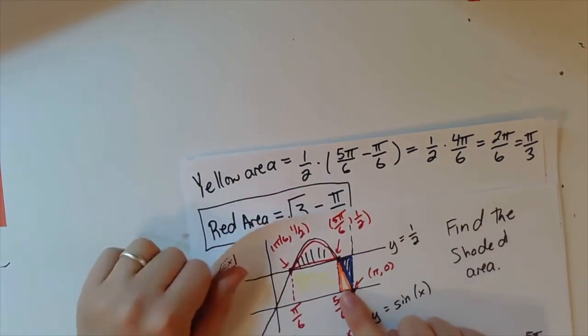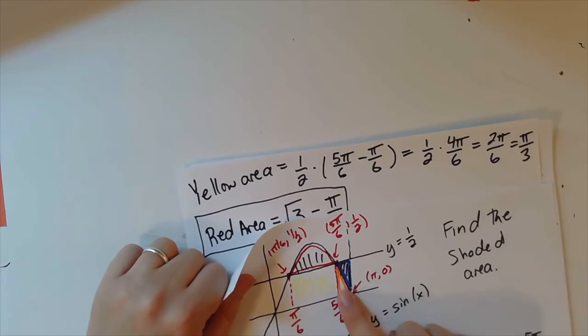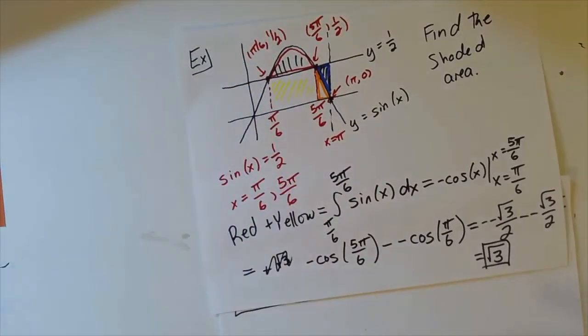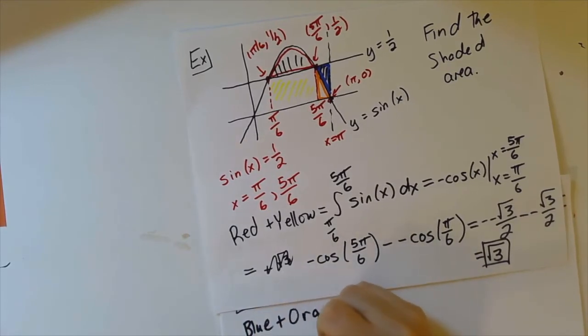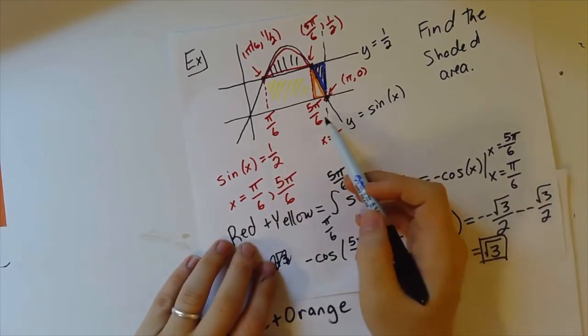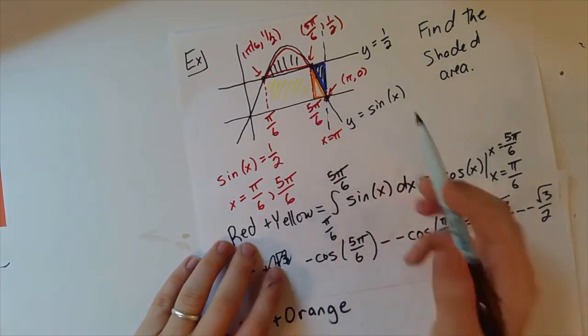So now what's nice here is that the blue and orange area together are a rectangle. So I can go ahead and fill that in. The blue plus orange, that is the width here. The width is pi minus 5 pi over 6.